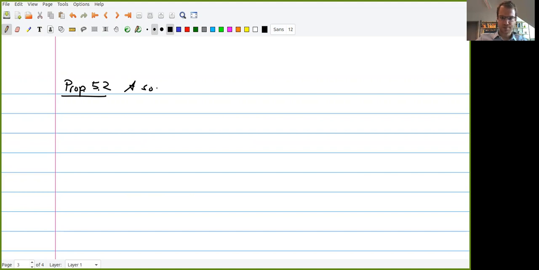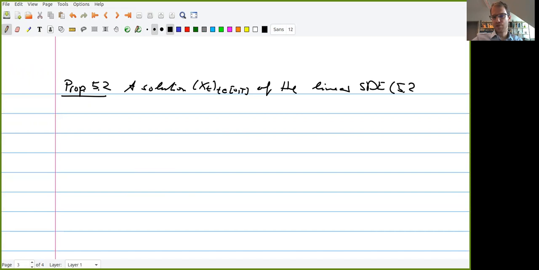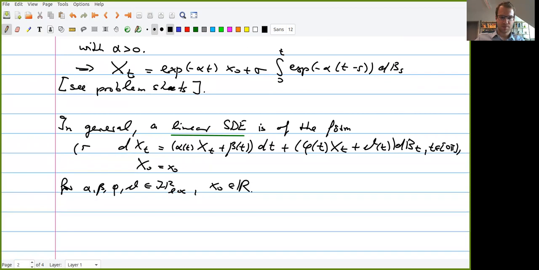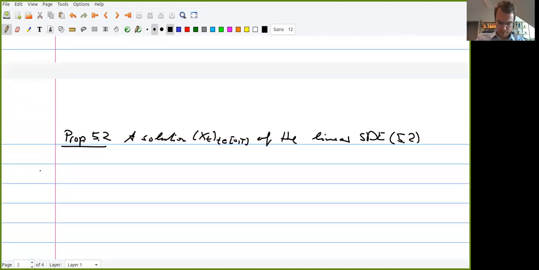A solution X_t of the linear SDE is given by the following.